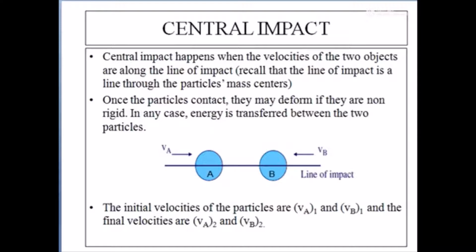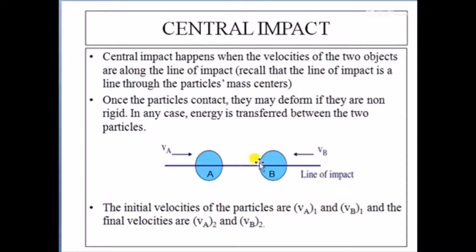Now let us consider a situation where two bodies are moving towards each other. As you can see in this diagram, two bodies are moving towards each other. Let the velocities before the bodies dash into each other, before there is any impact, be VA1 and VB1 for objects A and B respectively.